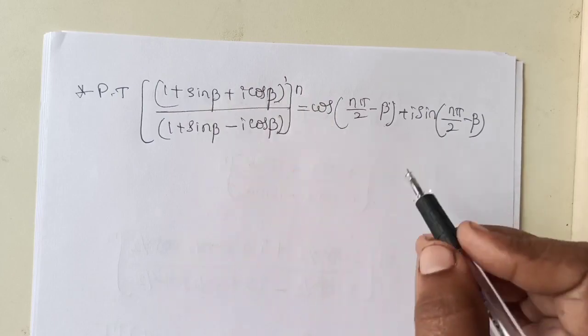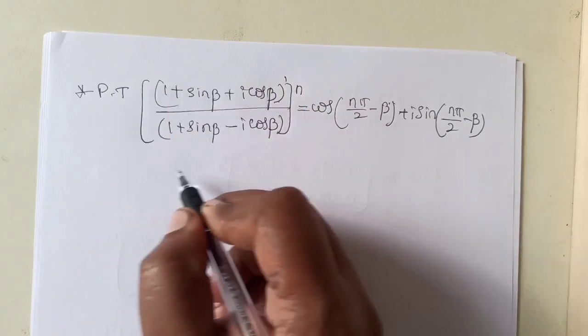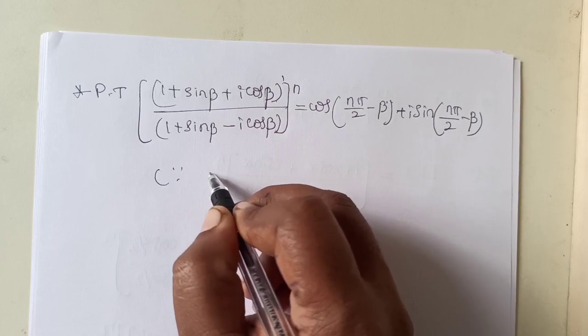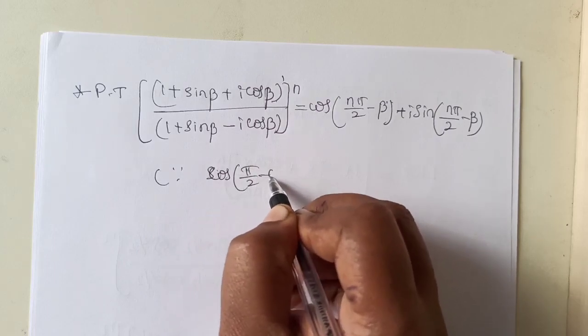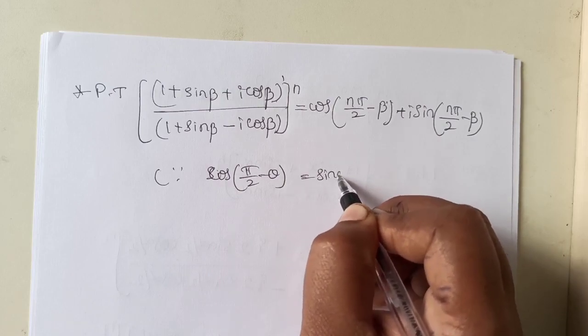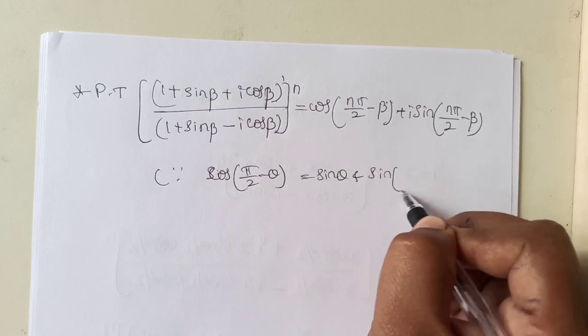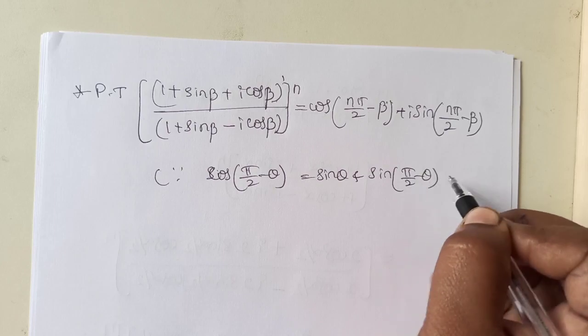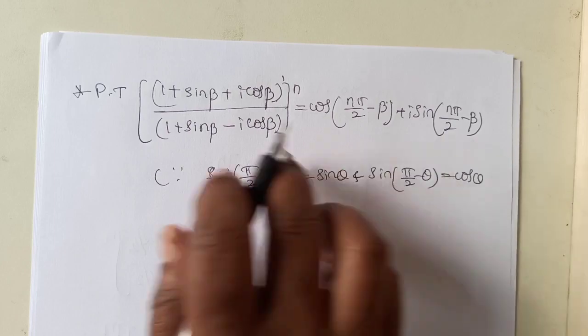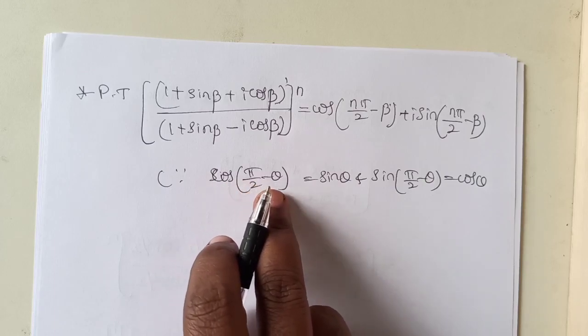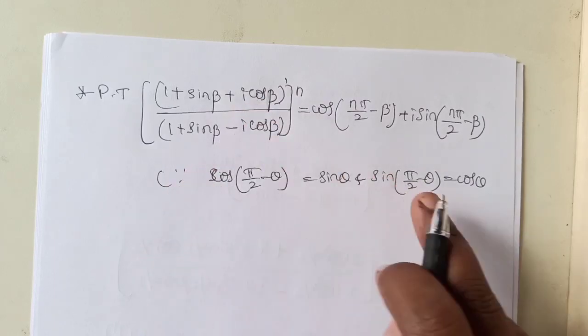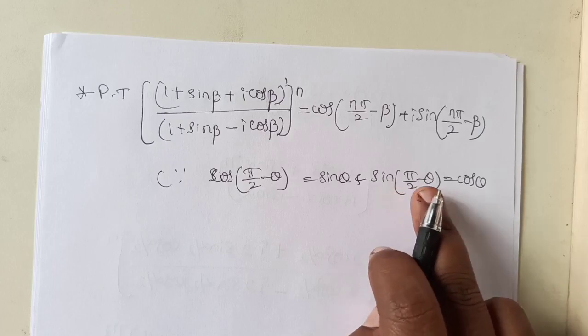Since we know that cos of pi by 2 minus theta is equal to sin theta, and sin of pi by 2 minus theta is equal to cos theta, in the place of sin beta we can replace it by cos of pi by 2 minus beta, and cos beta by sin of pi by 2 minus beta.